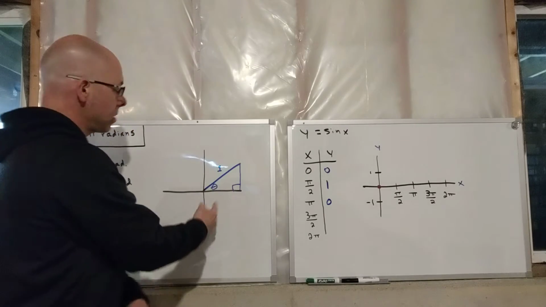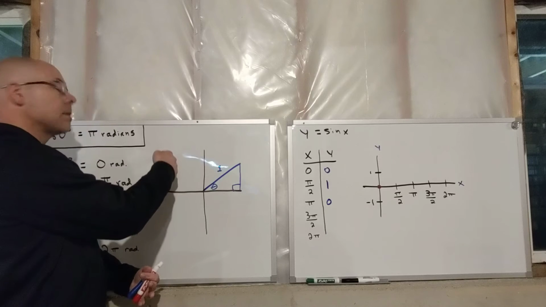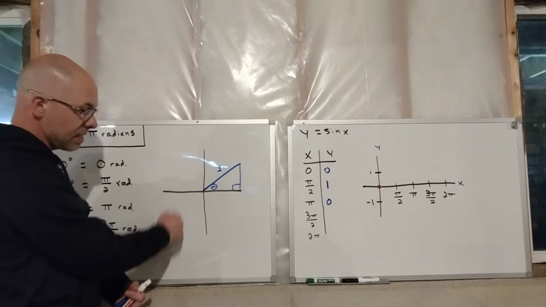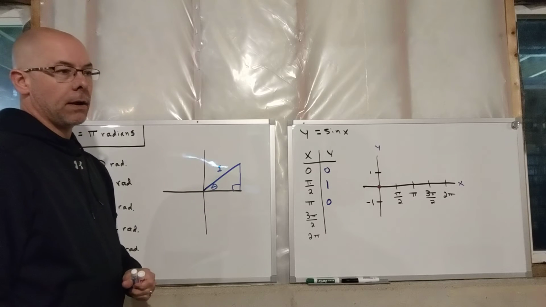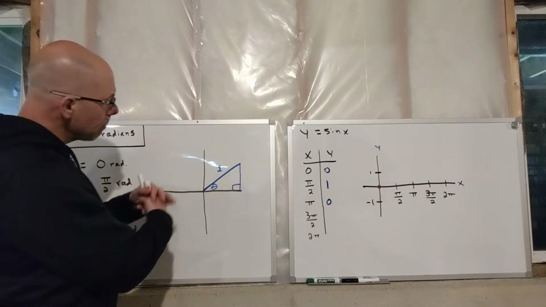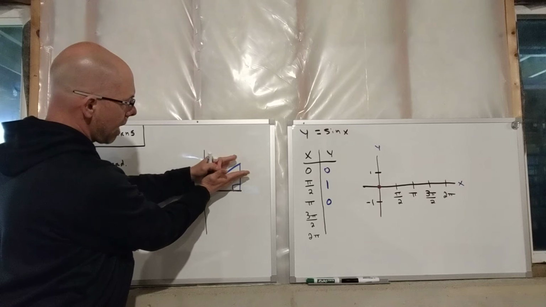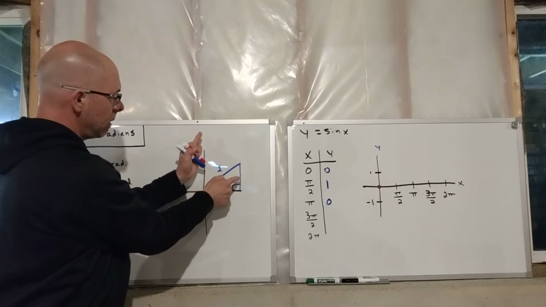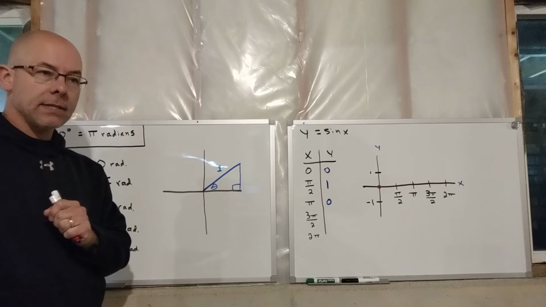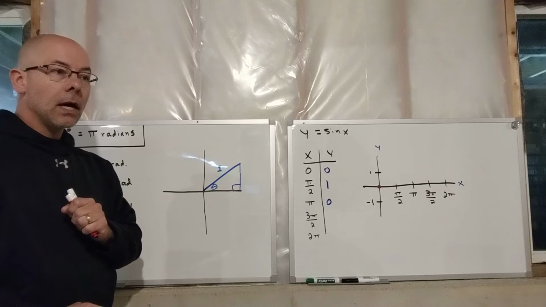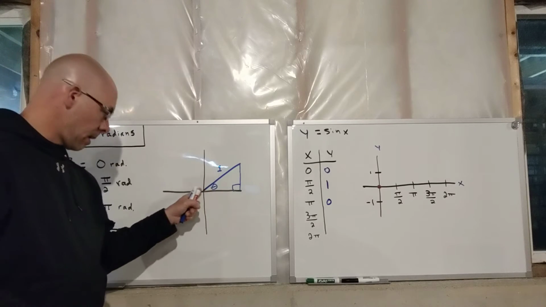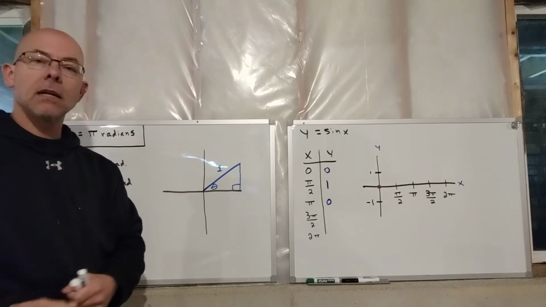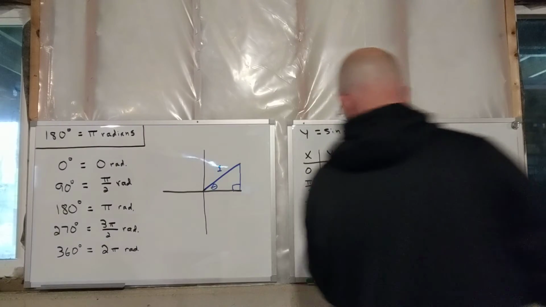If it's up, it's positive. If it's left, it's negative. If it's down, it's negative, and all that stuff. And I know this is super bizarre here. But again, it's just like 90 degrees, this opposite side superimposes itself right on top of the 1, and they end up being the same length. But because it's down, it's 1 divided by negative 1, and we get a negative 1 for the sine there.